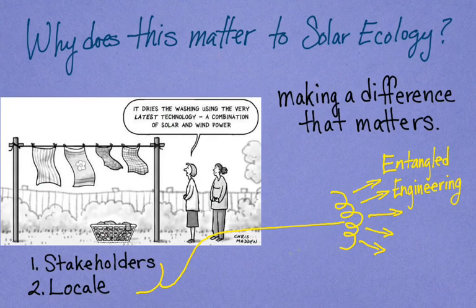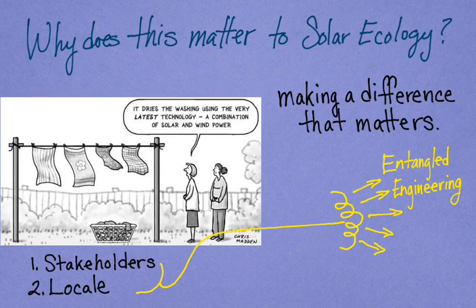Why does this matter to solar ecology? Because solar ecology is all about making a difference that matters to the people around us. We are tied to engineering. We are tied to our powerful systems of influence coming out of colleges. Man, do we have influence?